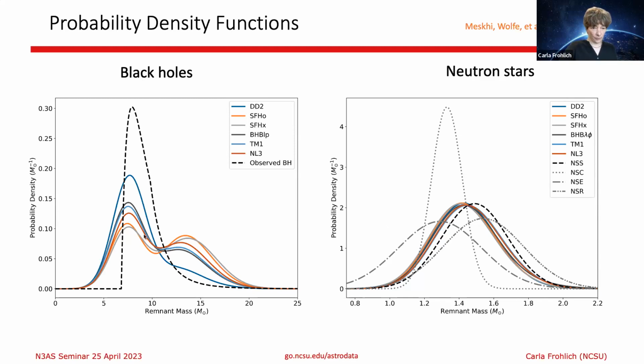And for the black holes, this double peak feature that you see in the colored line comes from this island of non-explodability around 20, 25 solar masses. Some of the stars don't explode, and that's this dip that you see in some of these curves here. So these are the raw distributions.